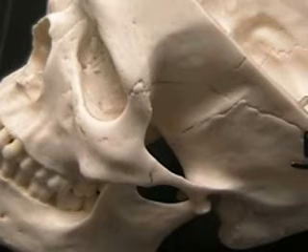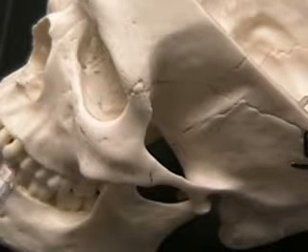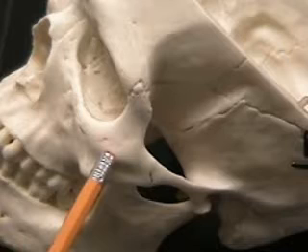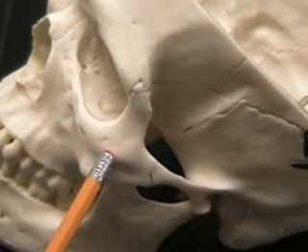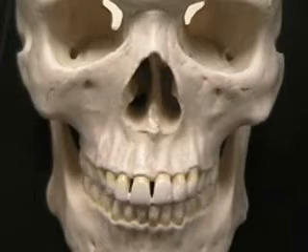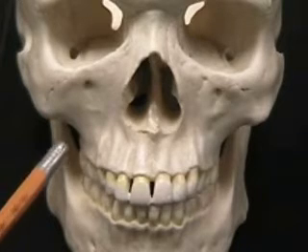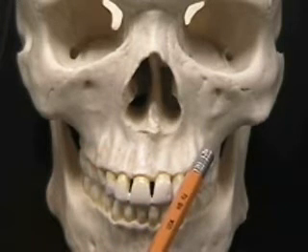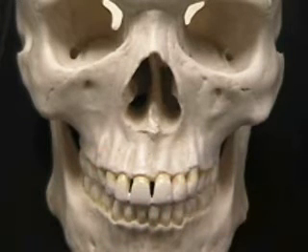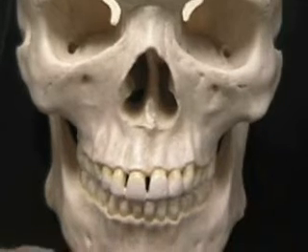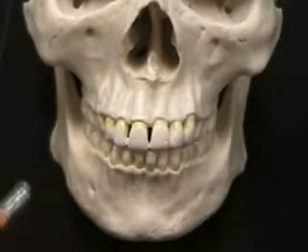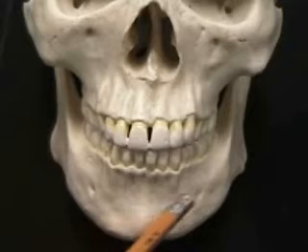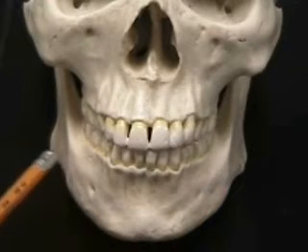Now we're looking at a left lateral view of the skull, focusing on the left zygomatic bone, commonly known as the cheekbone. Two of the other facial bones are the right and left maxilla. So you have two bones forming the upper jaw. In contrast, the mandible, or lower jaw, is formed from a single bone.